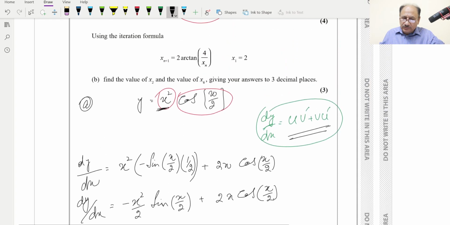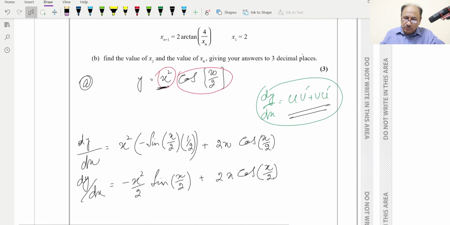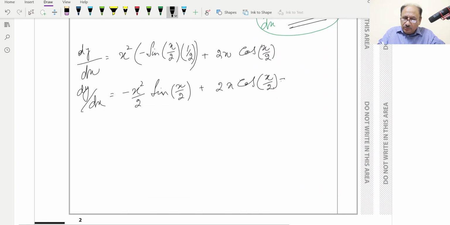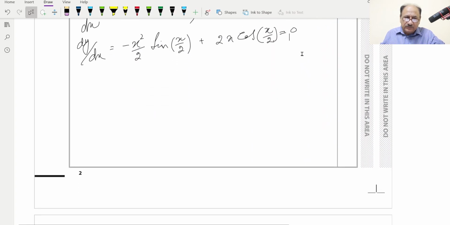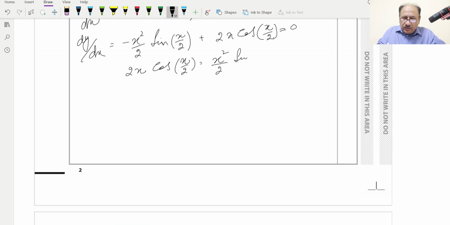As we discussed, for a stationary point we put dy by dx equal to 0. Now we can solve this equation. This is minus x squared by 2 sine x by 2. We can shift this to the other side, so we write 2x cos of x over 2 is equal to x squared over 2 sine x over 2.